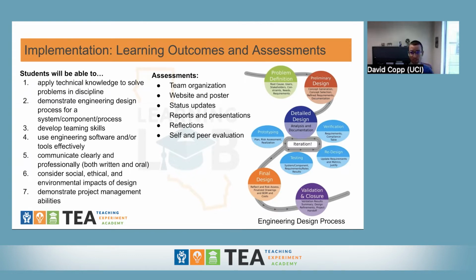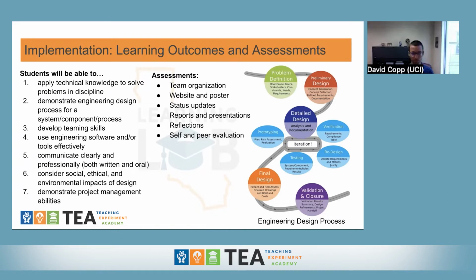They're giving reports and presentations, and weekly status updates, but they also reflect on their work. We're giving them this open-ended experience so that hopefully they get to know what they're interested in learning and what they like doing, and hopefully take these things into their careers. So they're going to reflect on their experience, and they're also going to evaluate themselves and their peers.